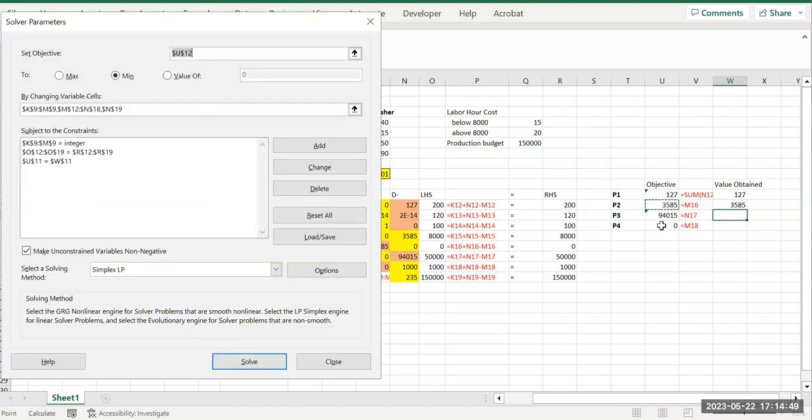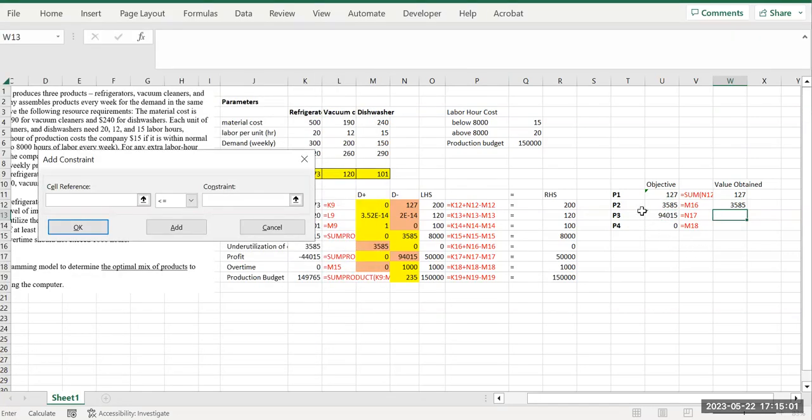Data tab, again, Solver. Priority 4 is already achieved, but it's very important to make sure that priority 3 is considered before. So I'm going to update that to priority 3 this time, and add the second priority. Since we added the integer constraint and the answers are not necessarily at the corner, it may make sense to also consider less than or equal.